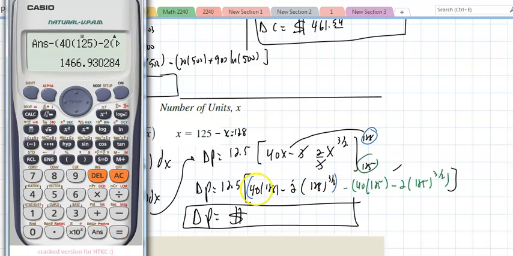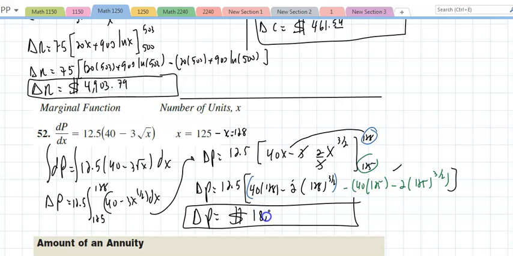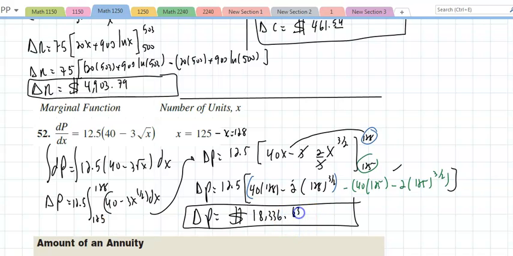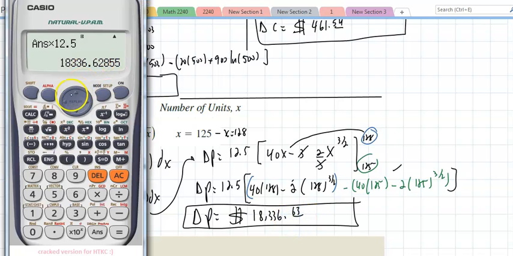I'll get 4, and I'm going to multiply that times 12.5, and I'll get 18,336, and how many pennies? And 63 cents. I just want to make sure I plugged in the first one correctly. The 3/2. Yeah, it's perfect. Okay, good. All right.